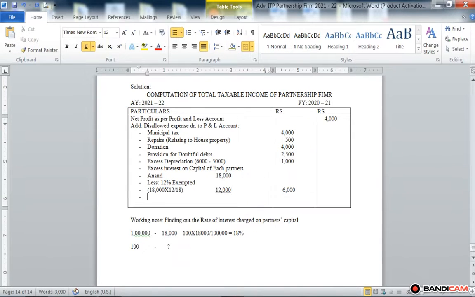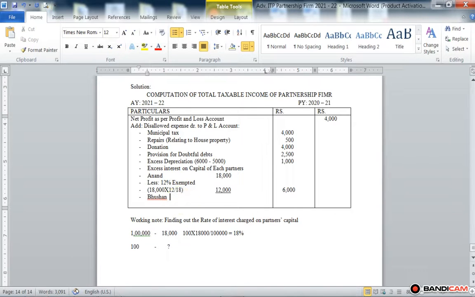Now again for Bhushan. The same interest is given to Bhushan, the same amount of interest.